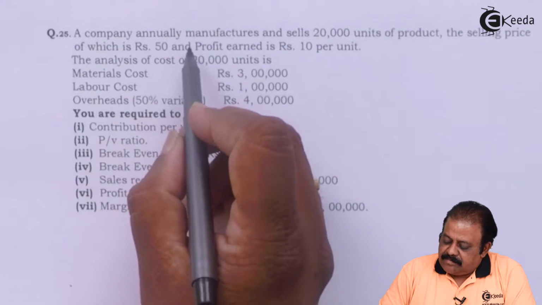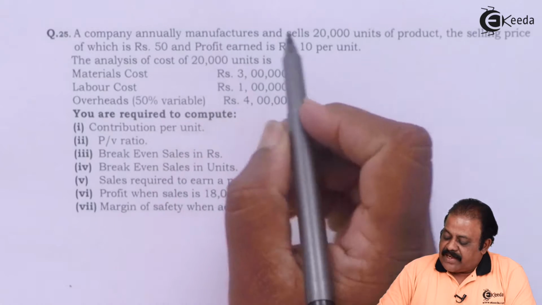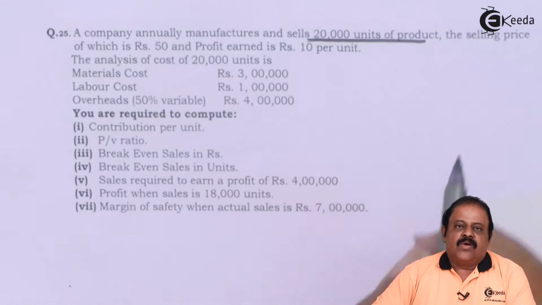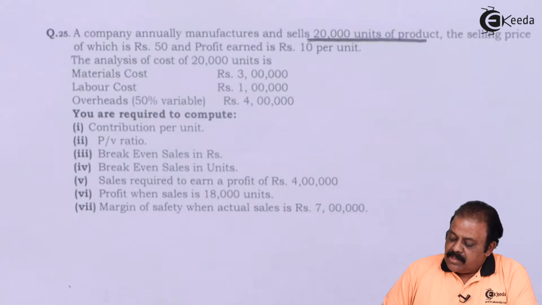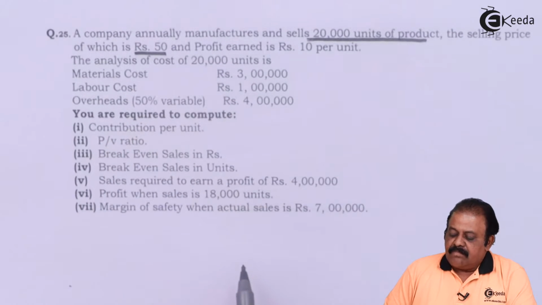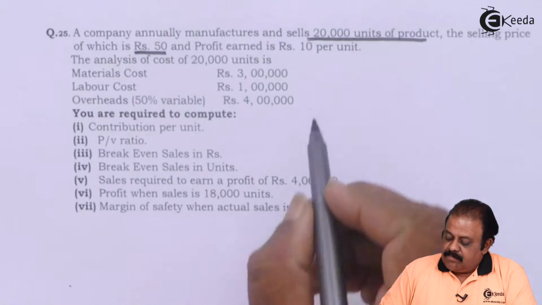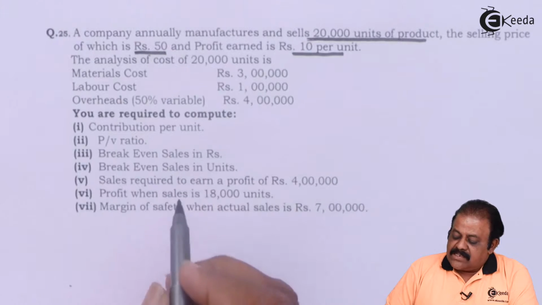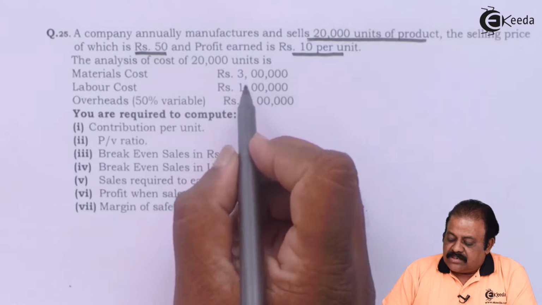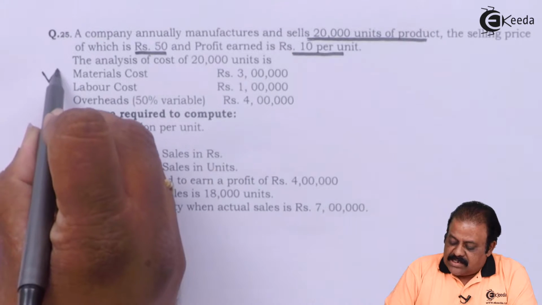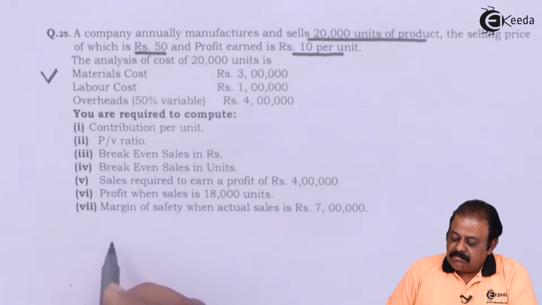A company annually manufactures and sells 20,000 units of products, the selling price of which is rupees 50 and profit earned is rupees 10 per unit. The analysis of cost of 20,000 units is: material cost 3 lakhs, which is variable cost.